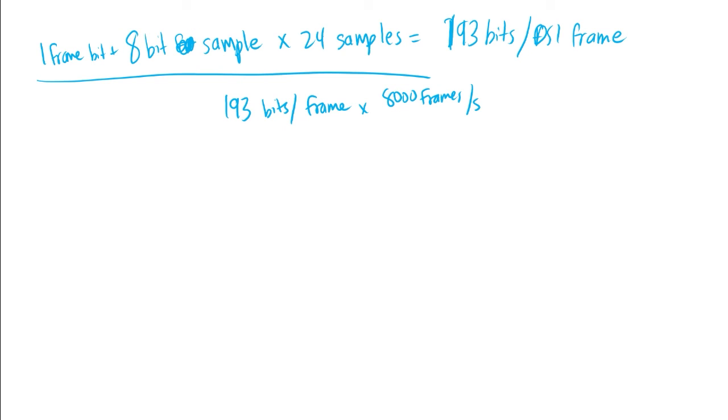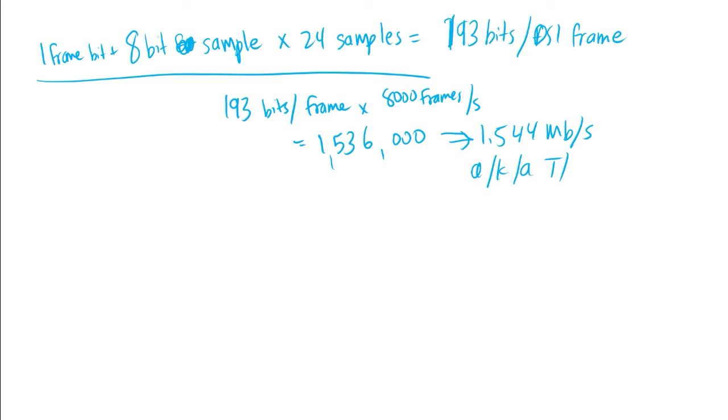We get a very interesting number of 1,536,000, which actually turns out to be 1.544 megabits per second, which is the speed of a T1 line. How do I convert this to this?